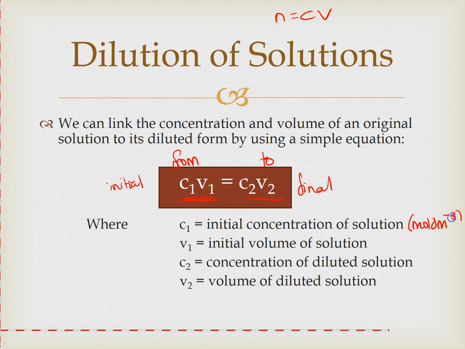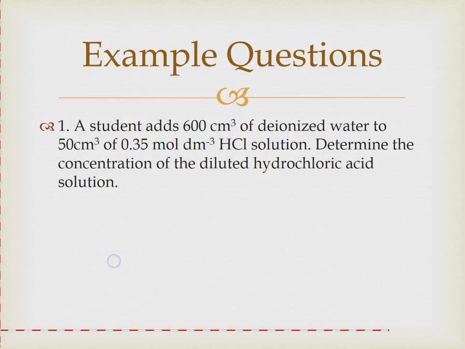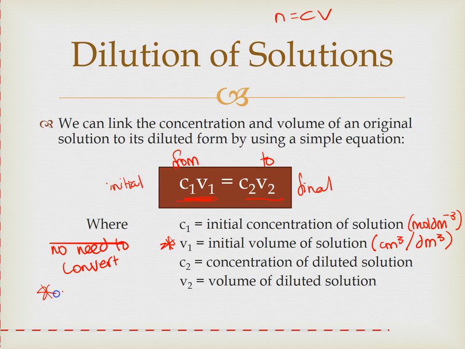We need to find the initial concentration, which will appear in our question in moles per decimeter cubed, and the initial volume of our solution, which will appear in centimeters cubed or decimeters cubed, and in this one there's no need to convert. All you've got to make sure is that the volume units must be the same for both sides.